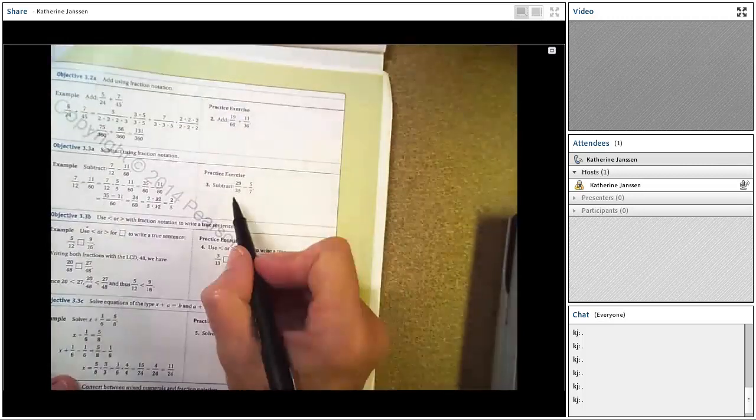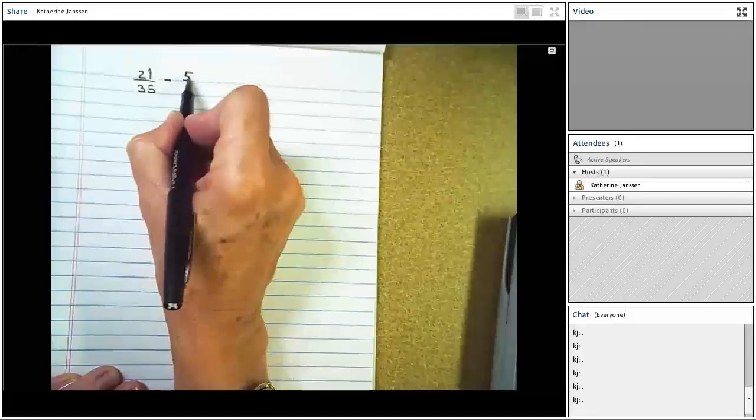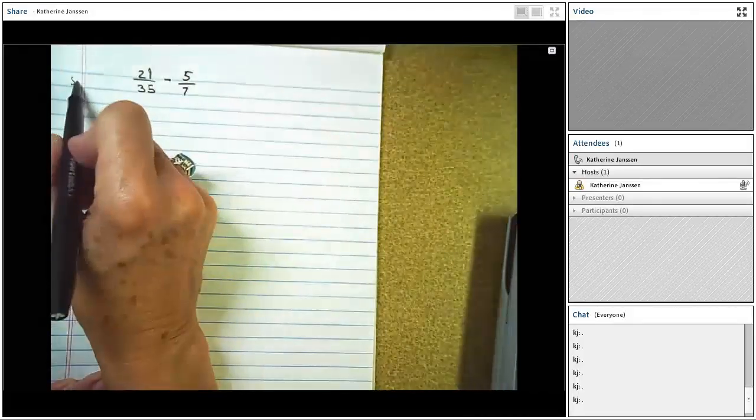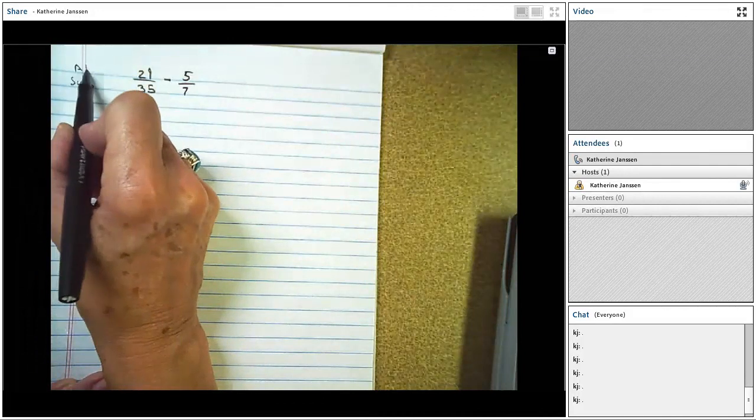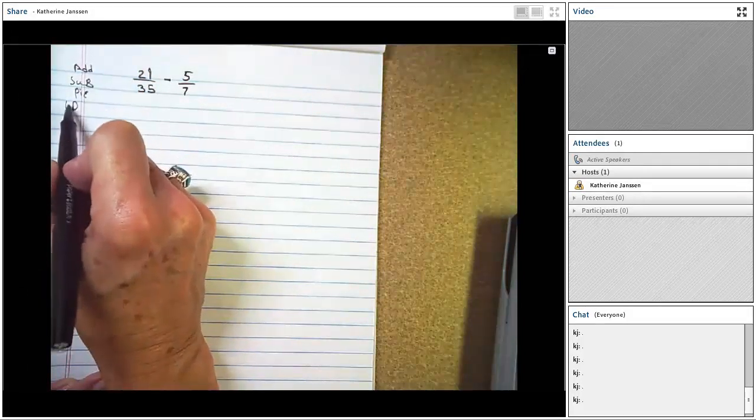All right, next. We're asked to subtract 29/35ths minus 5/7ths. Well, again, to add or subtract, we have to think about the piece of pie. We need a least common denominator.